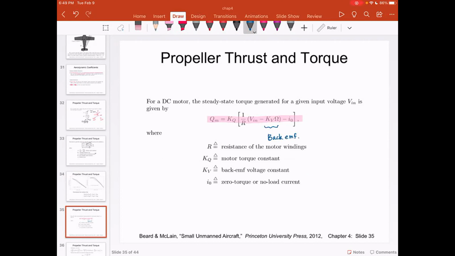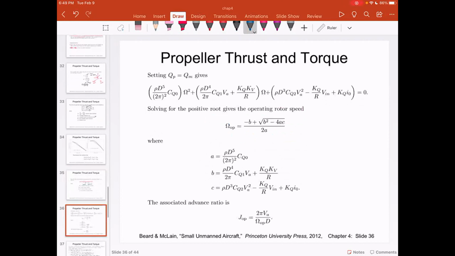When you multiply that with KQ, which is the motor torque constant, that will give you the torque that is generated by the motor. So please understand, in simple words, torque is dependent on voltage applied. If you increase the voltage or decrease the resistance, then the torque given by the motor is going to increase.